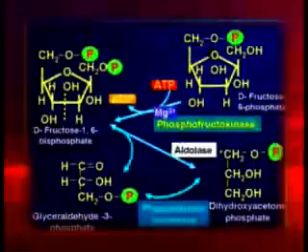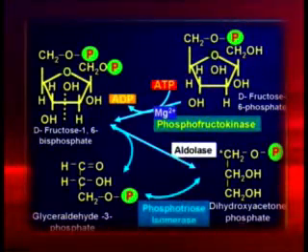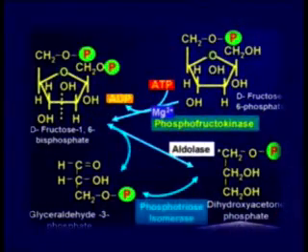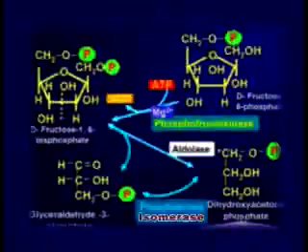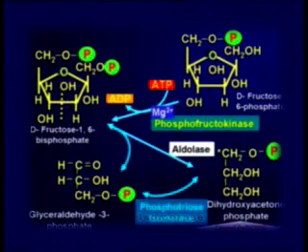I mentioned before that whenever one isomer is getting converted to another isomer, an enzyme called isomerase is participating in the reaction. It is responsible for interconversions of isomers. The glyceraldehyde 3-phosphate and dihydroxyacetone phosphate are being interconverted by an isomerase, triose phosphate isomerase.